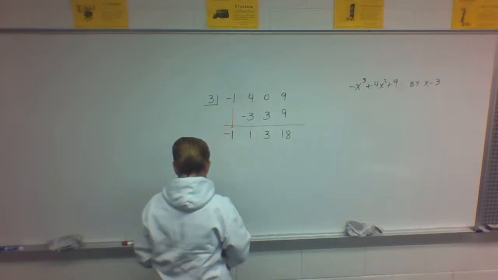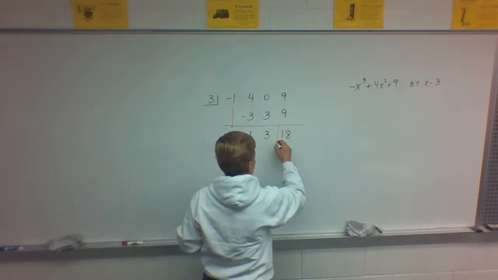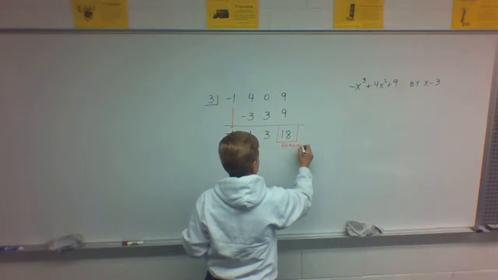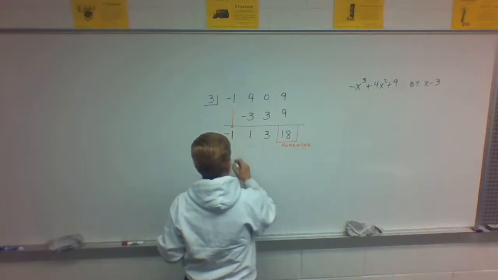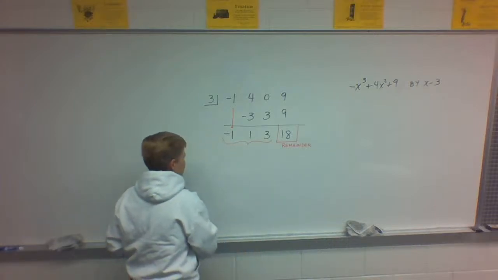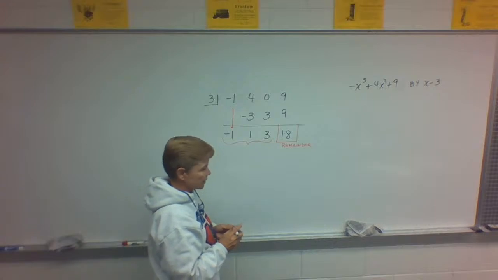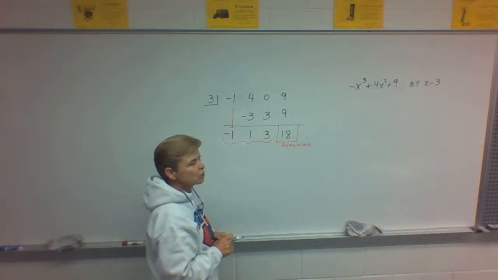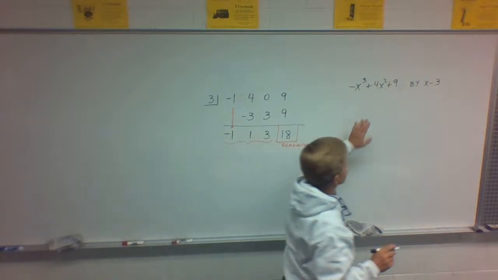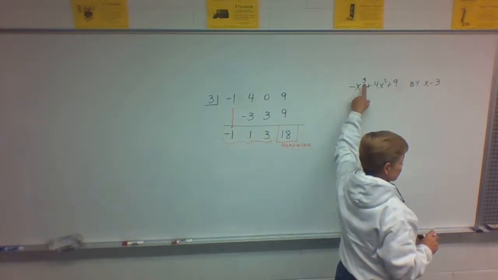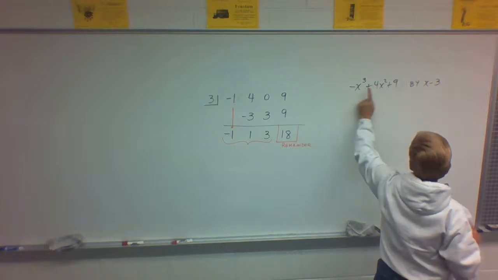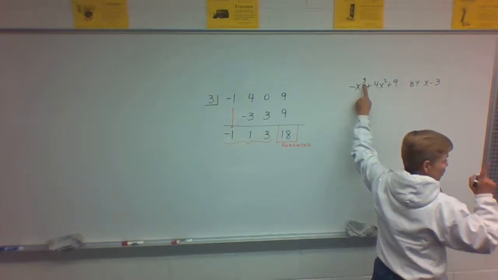And when you're done, this thing is the remainder. And this thing is the resulting polynomial. And so we have to now put the x's back in. I want you to get used to this phrase. You're going to hear it over and over before this chapter's over. Every time you divide a cubed function by a linear function, you will depress the power of the result by 1.